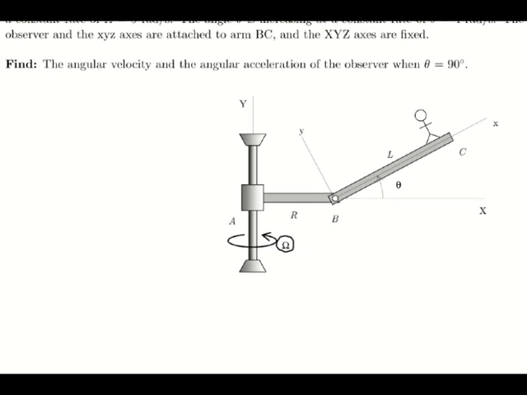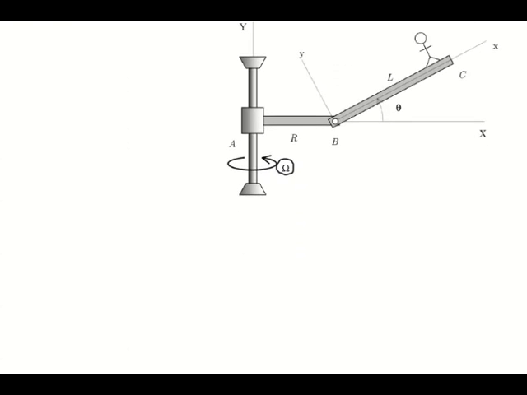So if we write this in the context of our observers, first let me remind ourselves that the observer is going to be attached to BC.